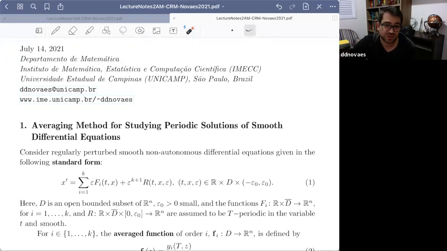It's not interesting, because you do not have to use such a technique to detect singularities. You just have to compute the zeros of the system. So in order to use the averaging method, you need a non-autonomous differential equation. And more importantly, as we have stated in our theorems, this has to start with an epsilon multiplying everything.